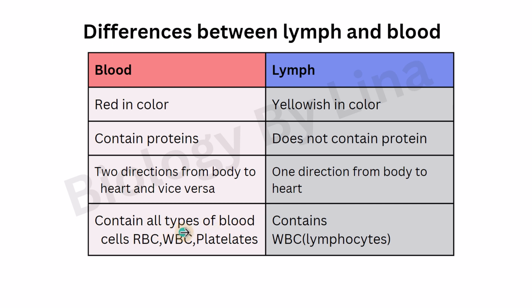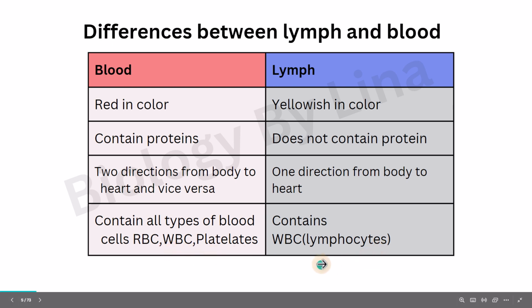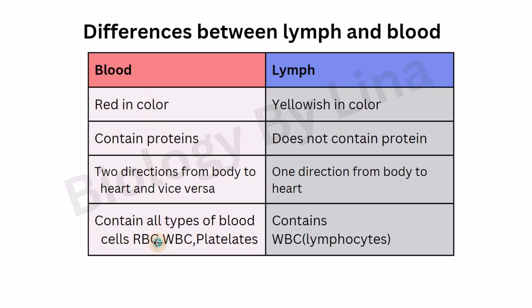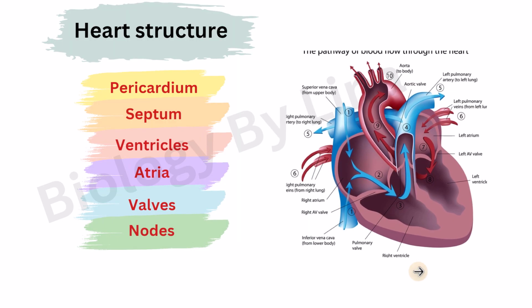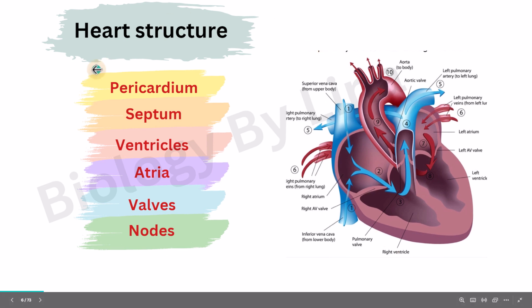Blood contains all types of blood cells, RBC, WBC, and platelets, while on the other hand, lymph contains only one type of WBC, which is the lymphocyte. So we can say that blood has RBC, while lymph does not contain RBC, red blood cells.